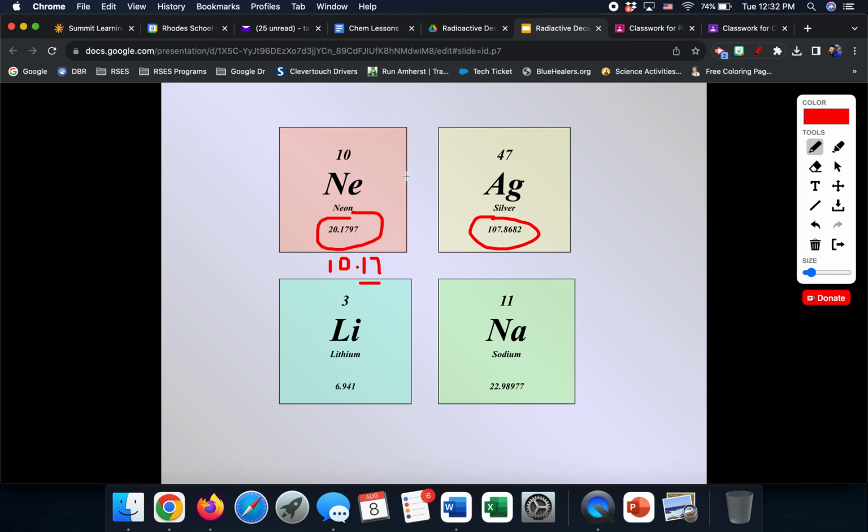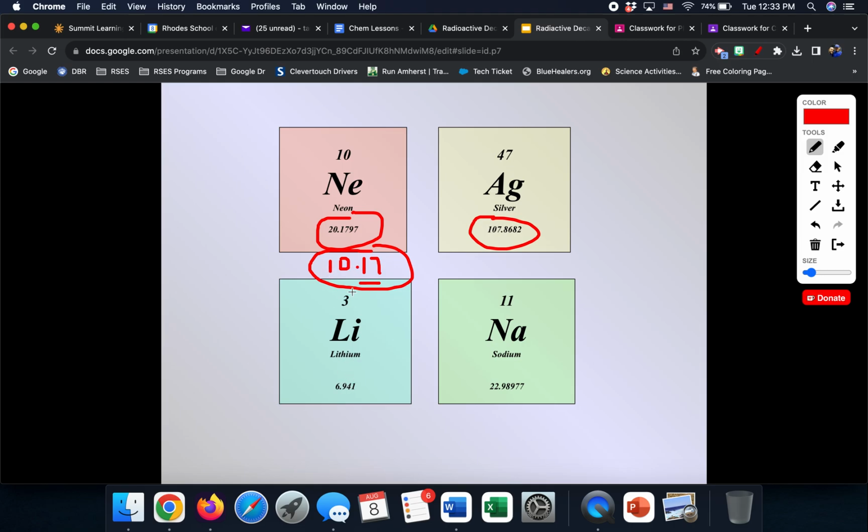So what these actually are is weighted averages, meaning you're going to have some neon 19s, some maybe neon 20s, some neon 21s, but the average of all of them together that are found in nature would be 10.17, meaning the most common number of neutrons would probably be 10 for neon, because that number is so close to 10.